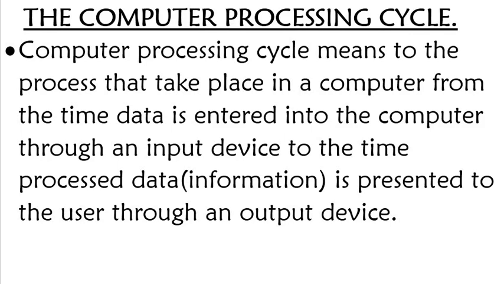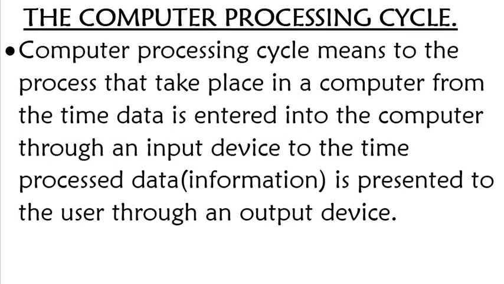So computer cycle is simply the process that takes place in a computer from the time data is entered in the computer, that is input stage, throughout the time data is processed into information and given back in form of output through output devices. So that's the simple definition of computer cycle.